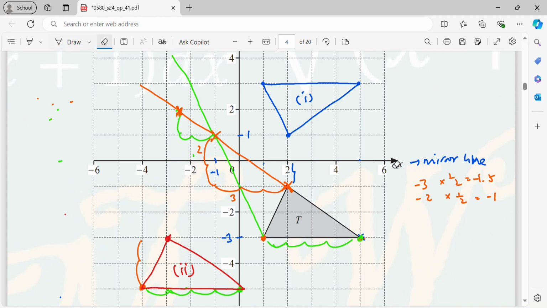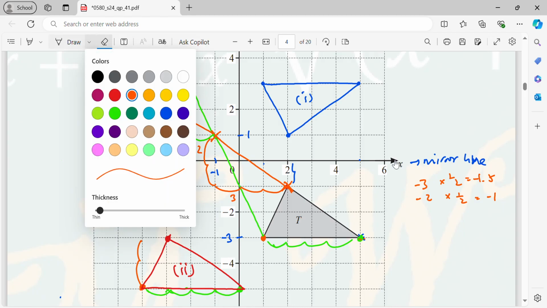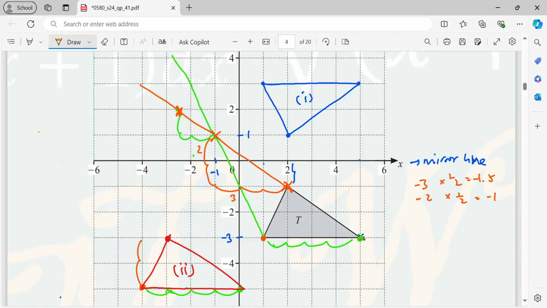So to be accurate, you can just use the calculation. You just count how many squares to the left and right side. Okay, now for example, for this point on the green color, you just count until the center. So here 1, 2, negative 2, and then 1, 2, 3, 4.